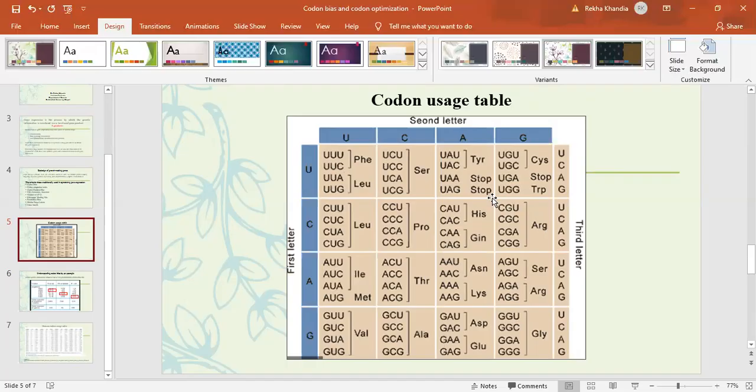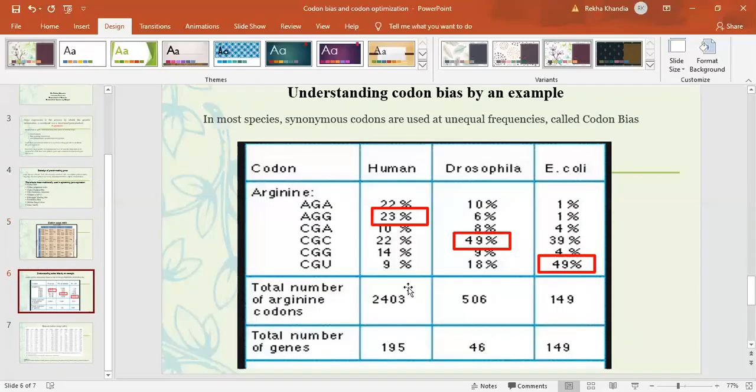So what is the significance of multiple triplets for a single amino acid? By looking at an example, we can understand codon bias. What is codon bias? Here we are taking the example of the amino acid arginine.